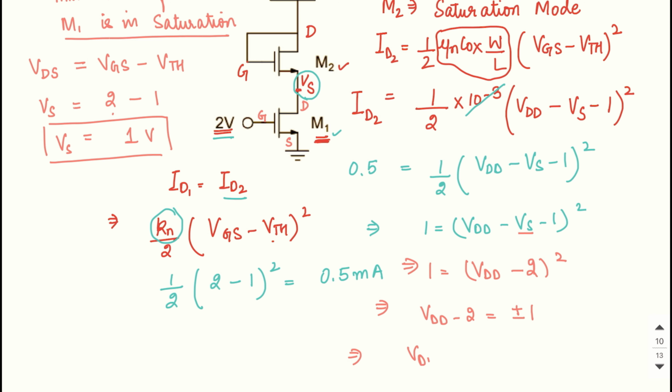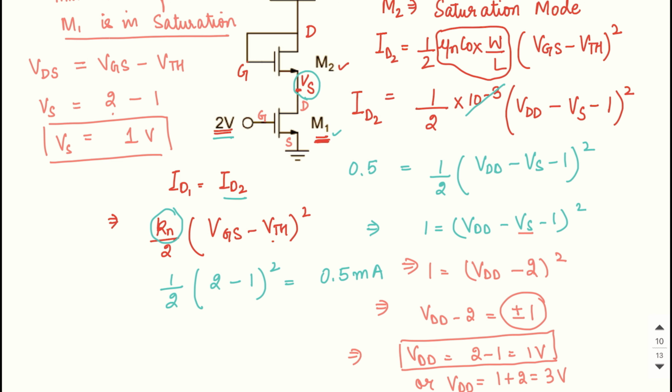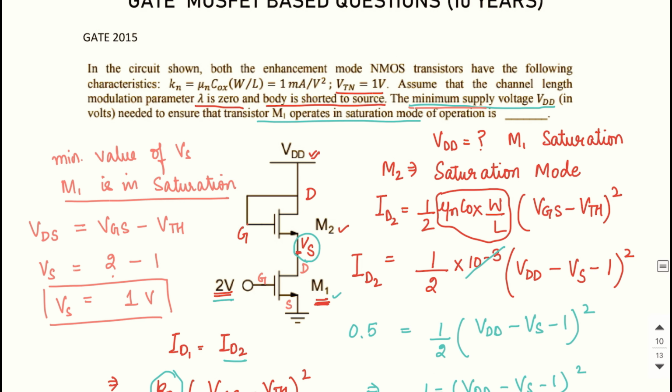This means that VDD could be equal to either 2 minus 1, that is 1 volt, or it could be equal to 1 plus 2, which is 3 volt, because this side could have been plus minus 1, but we can clearly understand that this is not possible because the threshold voltage itself is 1 volt, so VDD cannot be this small, and hence the correct answer for VDD has to be 3 volt. So yes, the correct answer for this question is VDD should be equal to 3 volt.